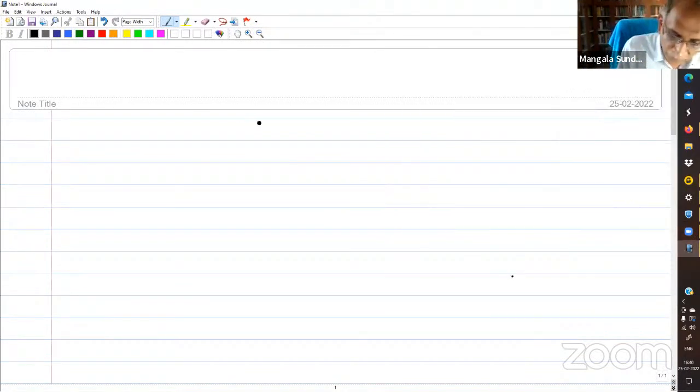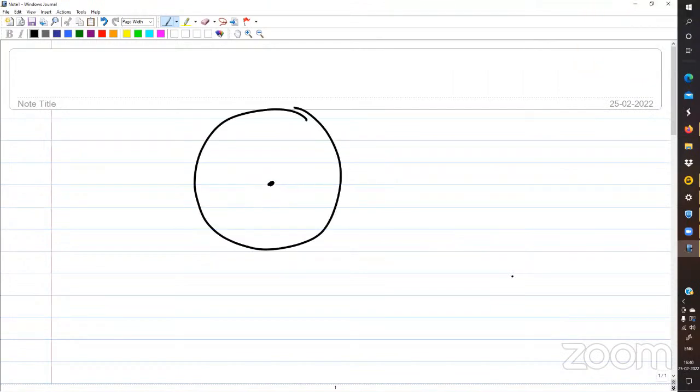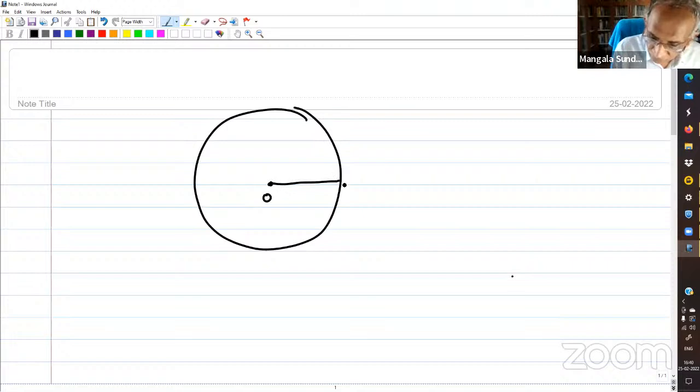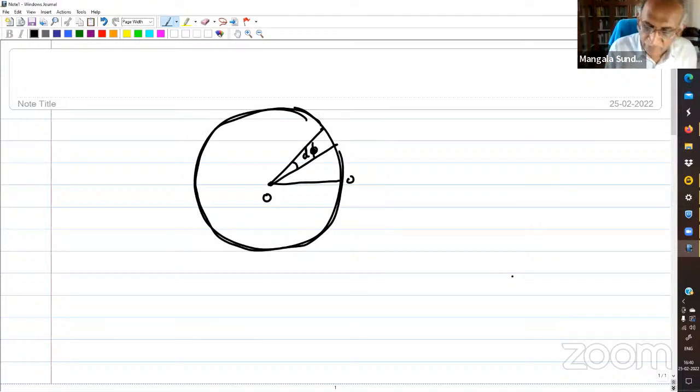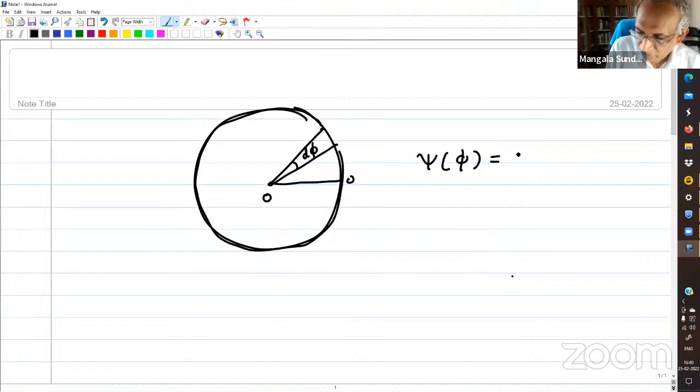So when you talk about a particle on a ring, something like this, this is the angle 0, and then the position is at any interval d phi. The wave function psi of phi is the same as psi of phi plus 2n pi, where n is an integer.